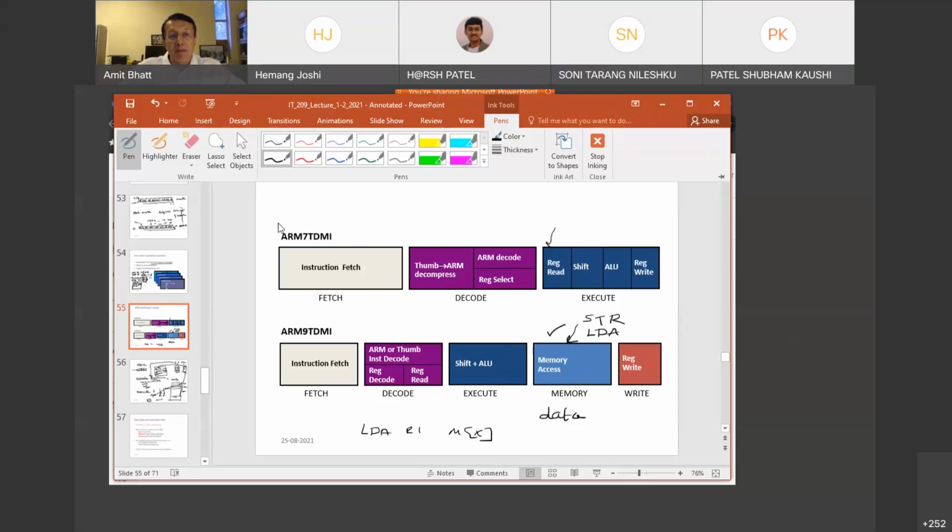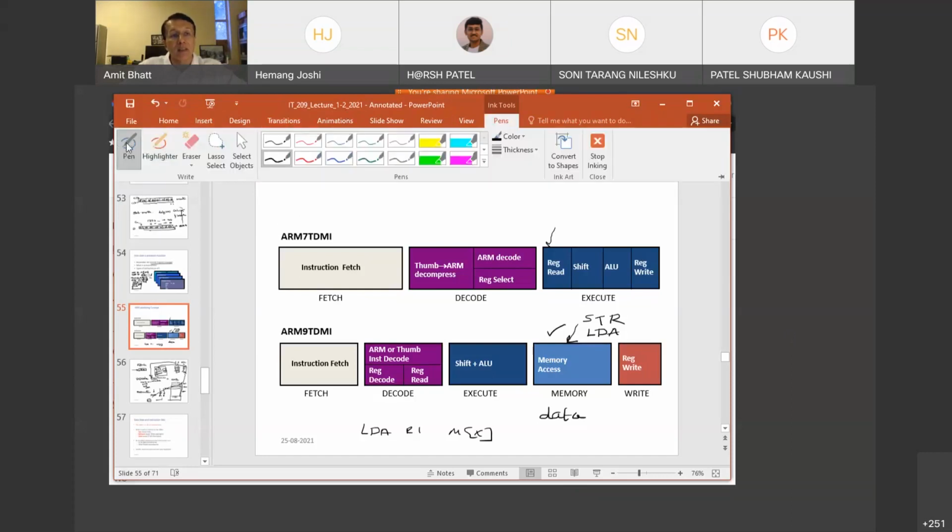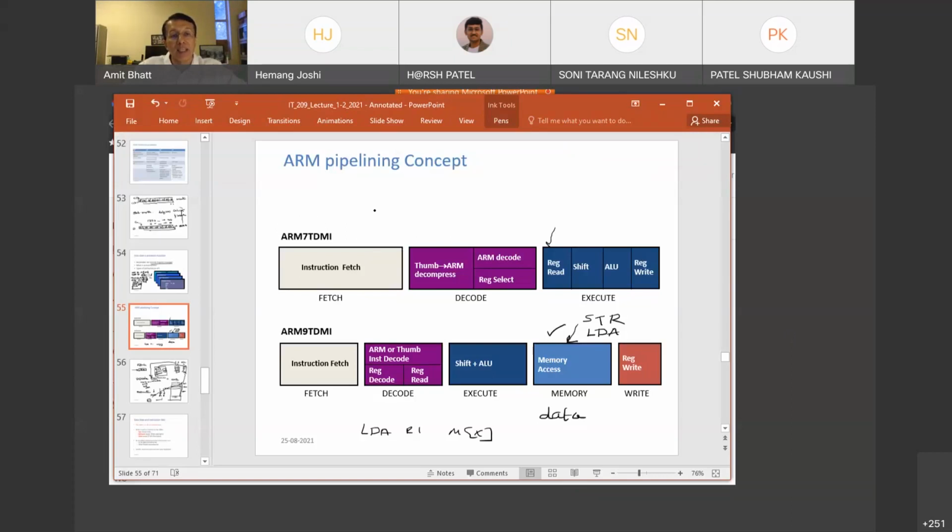See, in a pipeline processor, instructions are sent one after the other. So when instruction number one is here, then 2, 3, 4 are waiting.